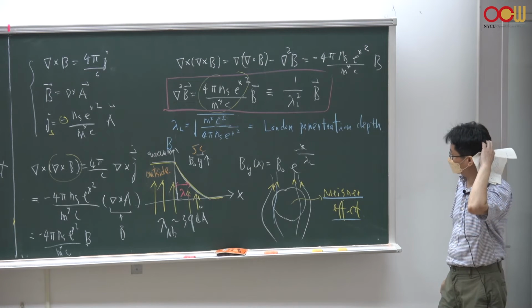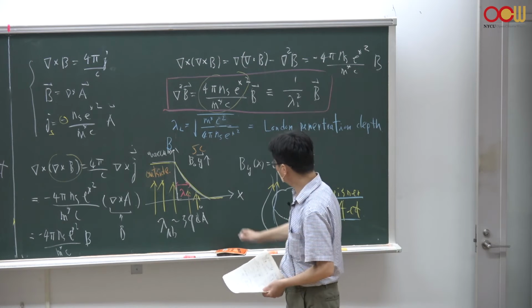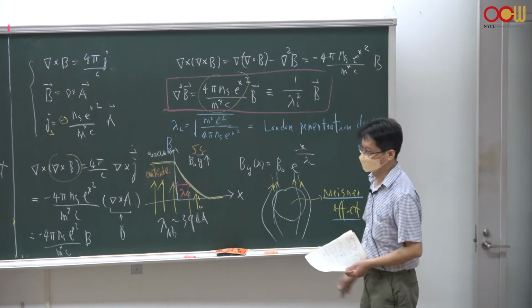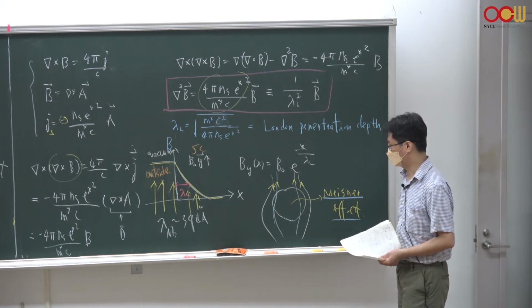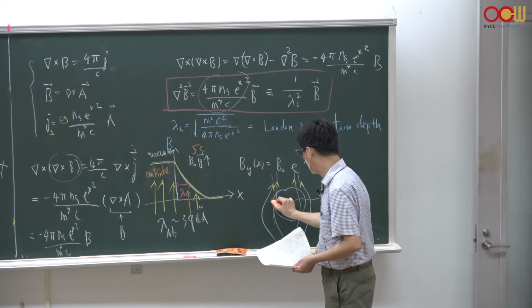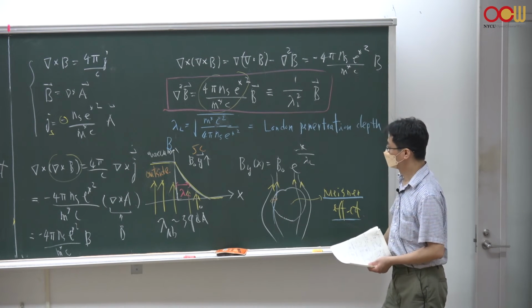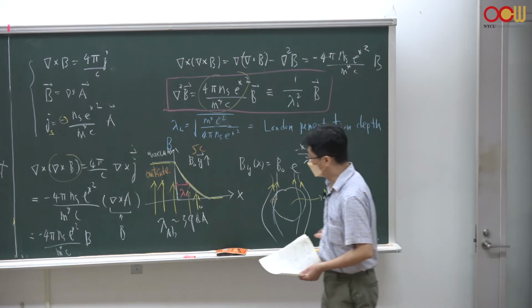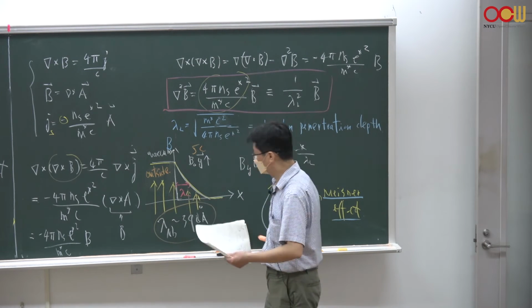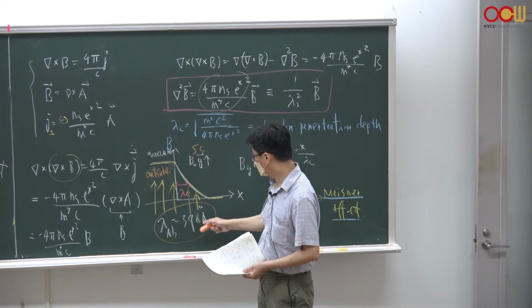Once we have such a London equation, we can show that the magnetic field cannot penetrate too deep inside the superconductor. It may penetrate just a little bit, by a distance lambda_L, and this lambda_L behaves slightly differently for different metals, but it is of the order of, say, a few hundred nanometers.